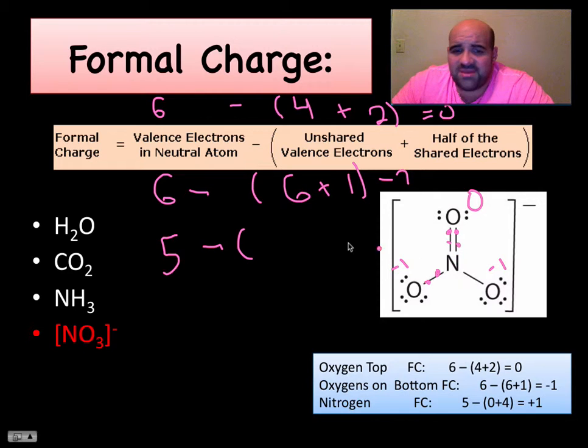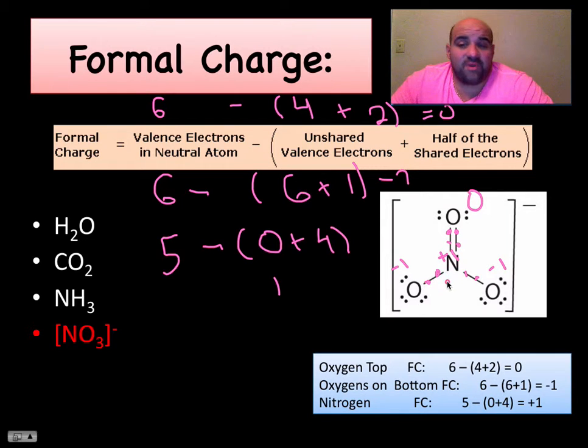Well, nitrogen doesn't have any unshared electrons. Plus the total number, or half the shared electrons. There's 1, 2, 3, 4 bonds, so I know that's going to be 4. Or if you wanted to count them out, 1, 2, 3, 4, 5, 6, 7, 8. 8 over 2 is 4. 5 minus 4 is 1. So plus 1.